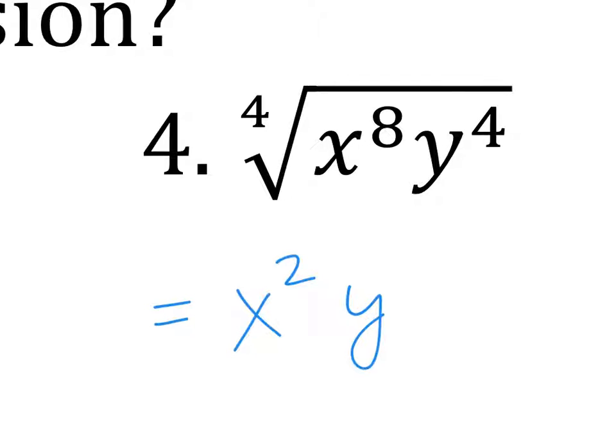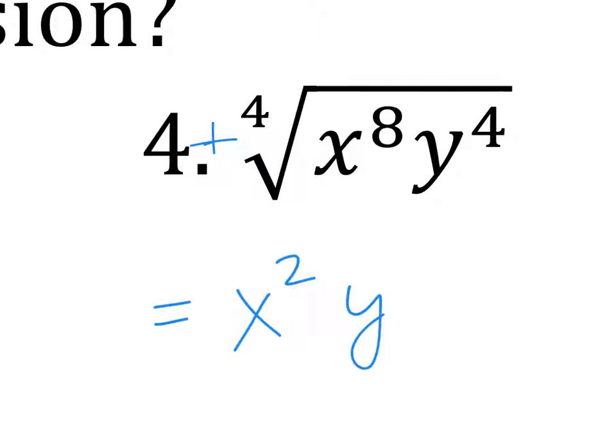We want the principal root, right? So that means we want what kind of number? Positive or negative? Positive, because there's an invisible plus sign, right? So for the variable y, can y be a positive number? Yes. Can y be a negative number?